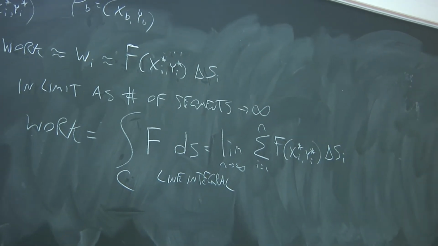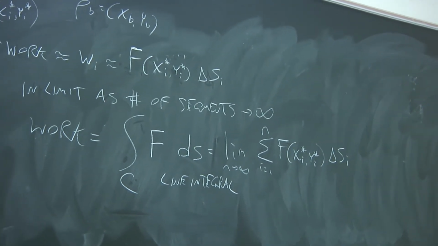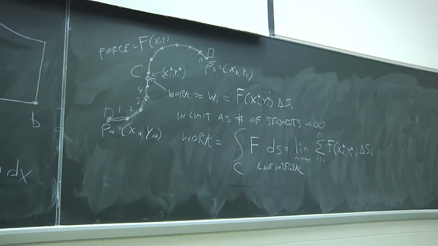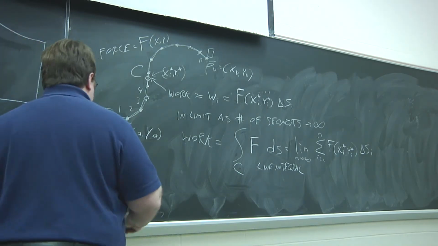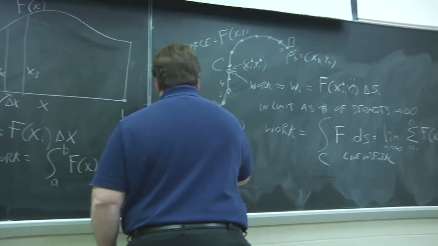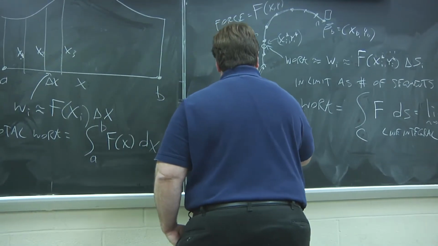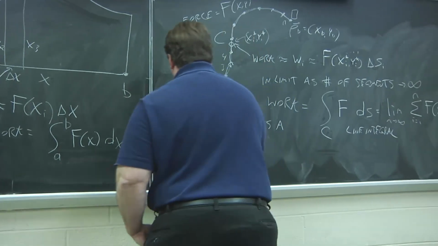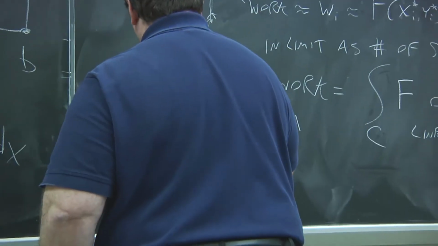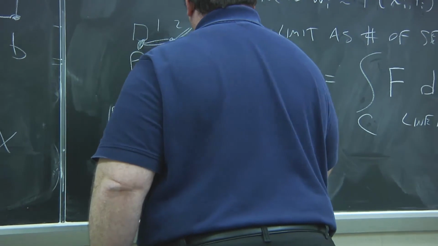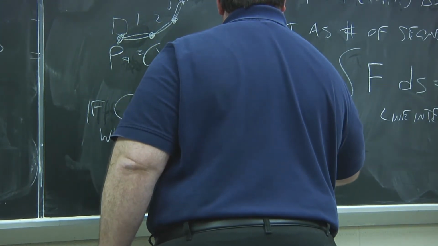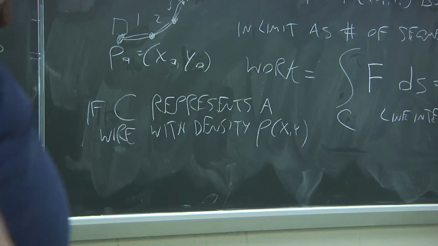Now we're discussing this in the context of computing work, but you can use the same idea, the line integral, to compute other things. For example, suppose the curve represents a wire, a thin wire with density rho as a function of x and y.